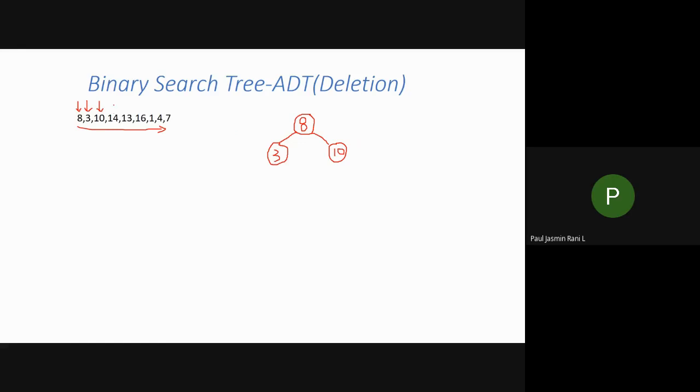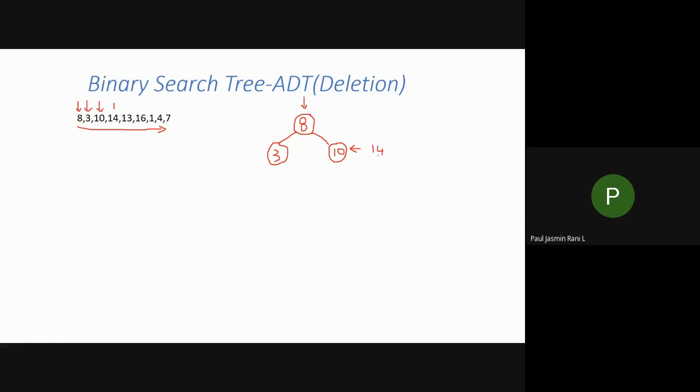The next element is 14. Where do I place this 14? Again I should start comparing from the root element, 8. 14 is greater than the root element 8, so I should traverse along the right subtree. Here one element is already placed, so now this acts as my current root element. Now I compare 14 with this parent element 10.